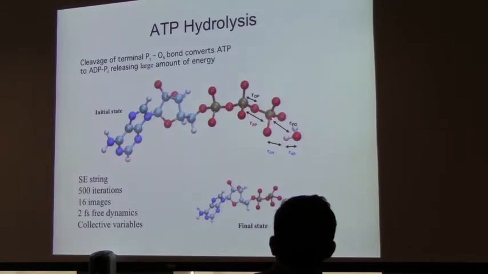We've also looked at the distance between the gamma phosphate and this lytic water oxygen, and then this oxygen-hydrogen bond distance. And so for this string, we just did a very simple regular string where we used a semi-empirical method, so a really cheap quantum mechanical method. We did about 500 iterations, so it's relatively converged.